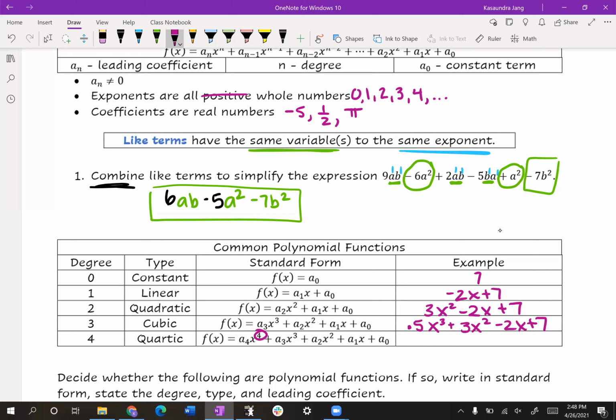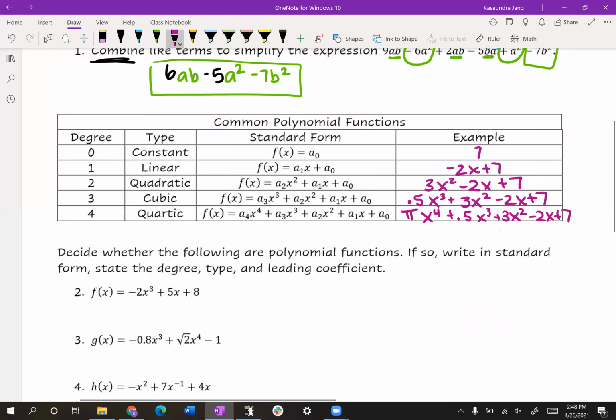Quartic, like quarter, the highest exponent is 4. And again, you can have messy decimals. Maybe I'll go with this messy pi, this infinite decimal. But I'm looking at a quartic, its highest exponent is 4. And then I will go down to an exponent of 3, 2, 1, and 0. There we go. So here are some examples.